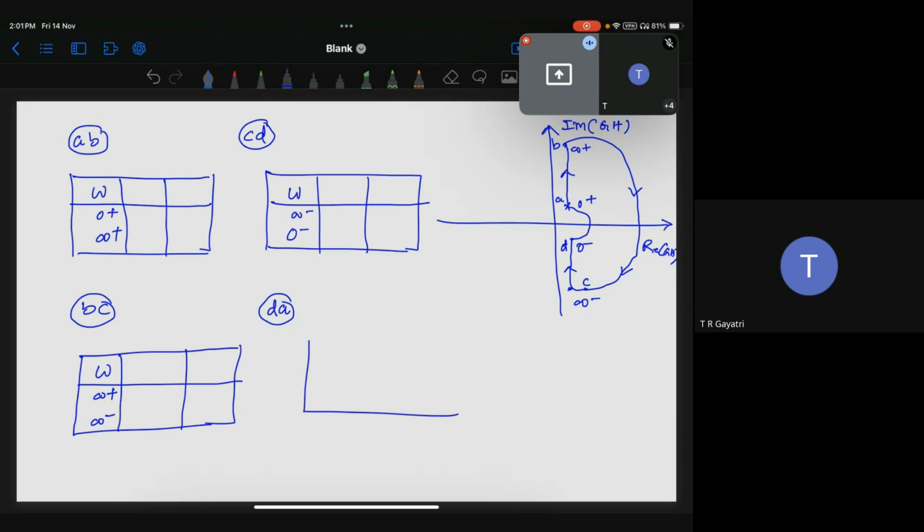The fourth part is 0 minus to 0 plus. Hope this is clear. These are the parts we have. In each part we will calculate the magnitude of GH and the angle of GH.